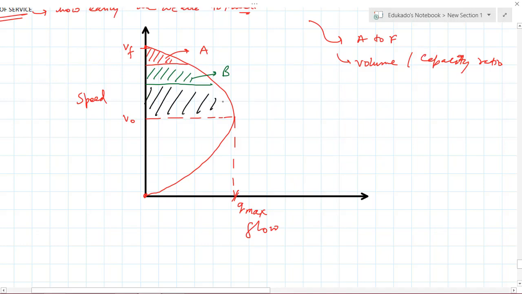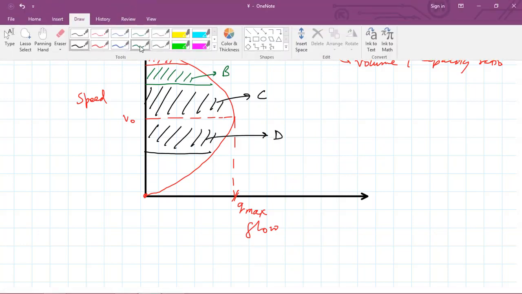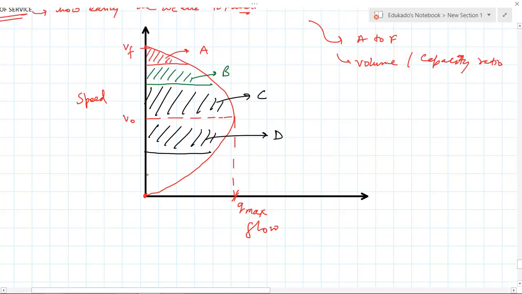This part is for C, and say this part is for D, and again let's come to here. This part is for E, and the final part is for F.